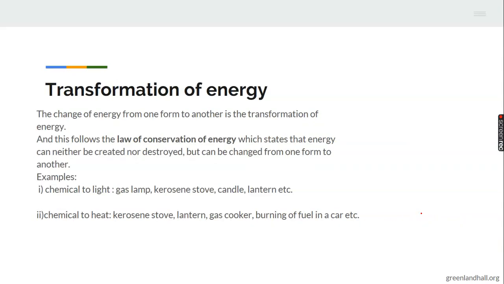Transformation of energy. When we have energy being transformed from one form to the other, this is it. Chemical to light, where you have your kerosene stove, chemical energy in the kerosene changing to light for you to cook. Candle, same thing. Gas lamp, lantern, and all that. The second one, chemical to heat, we have examples there too.